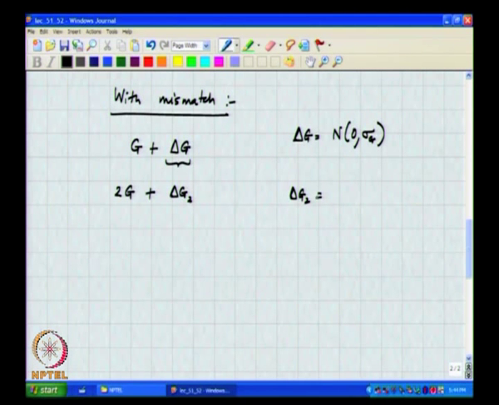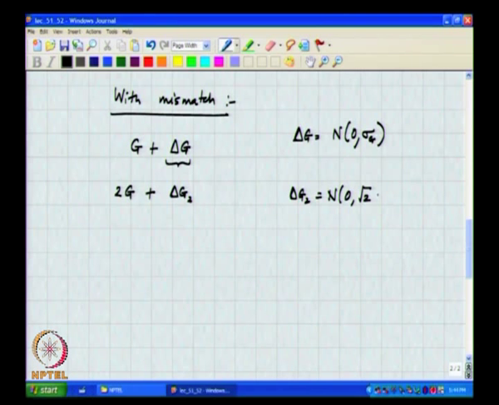It is also a random variable, it should be 0 mean. What can you say about its standard deviation? Pardon? Root 2 times sigma G. Does it make sense?